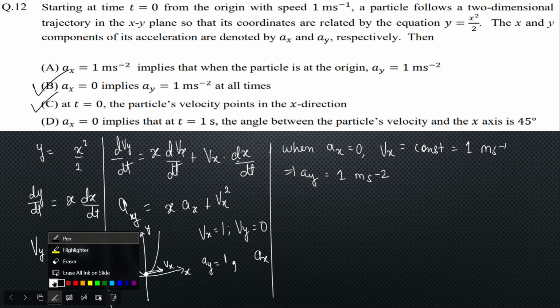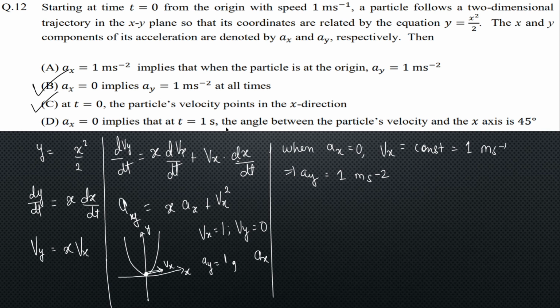Now I'm gonna check the option number D, that ax equals to 0 implies that at t equals to 1 second, the angle between particle's velocity and x-axis is this. So for D option, we have that ax is 0 and vx is 1 meter per second, and ay would be also 1 meter per second, and vy is 0 at t equals to 0.